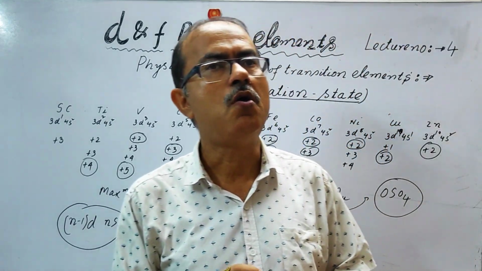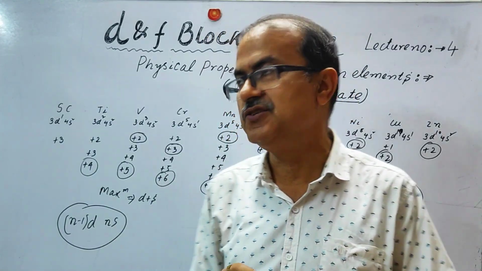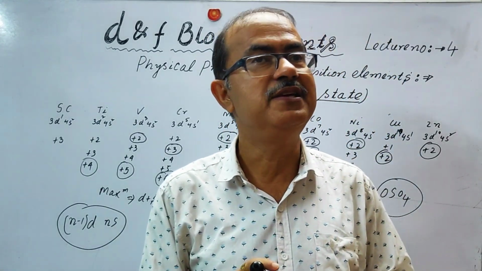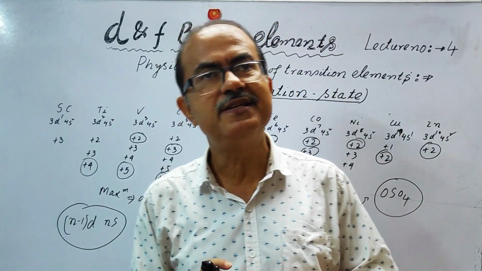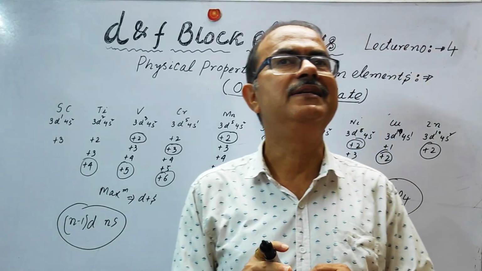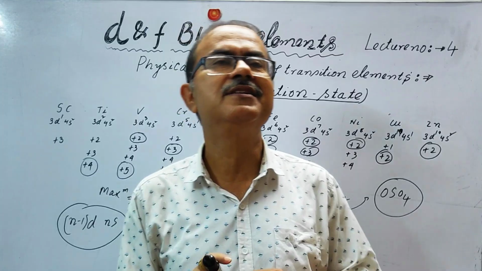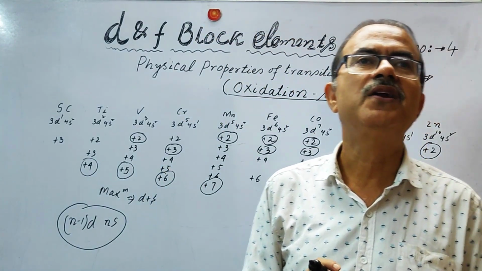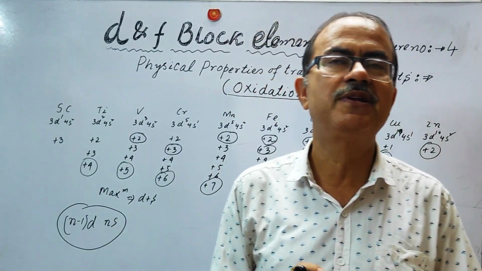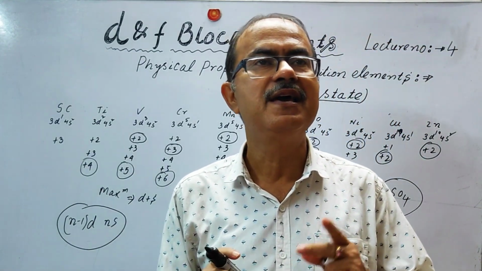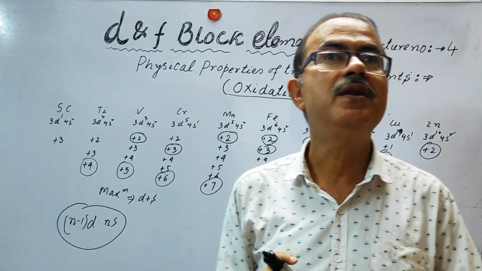Due to this, the electrons of both the orbitals can be used in bonding, and that is why they show such variations. It is also due to the incompletely filled d orbitals. The d orbital in these transition elements is incompletely filled, so the oxidation states of a transition metal differ by 1 unit.